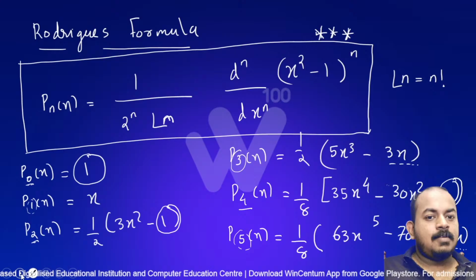Okay, let's write these things down. Even n series terminates with integers, so pn of x will be an even function.